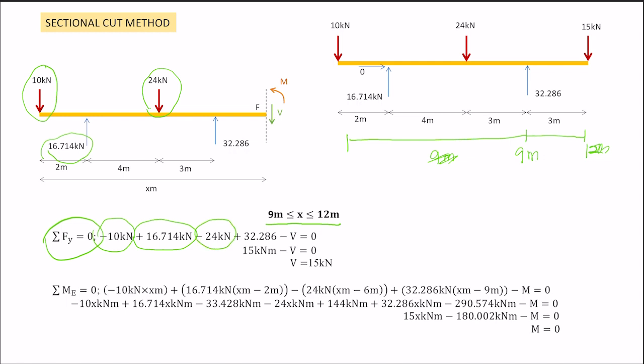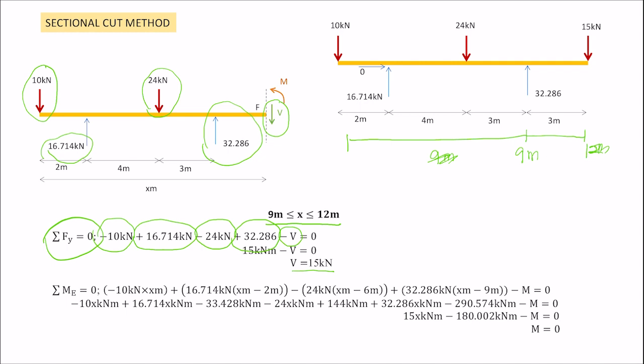And we have 32.286 force or reaction RBY going upward, so plus 32.286. And last but not least is the V, shear force downward, so negative V equals zero. Then we can solve it and get the value of V, 15 kilonewton.